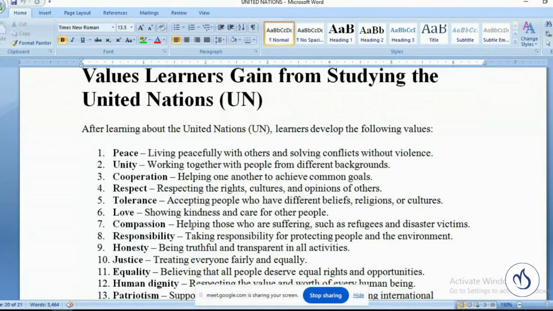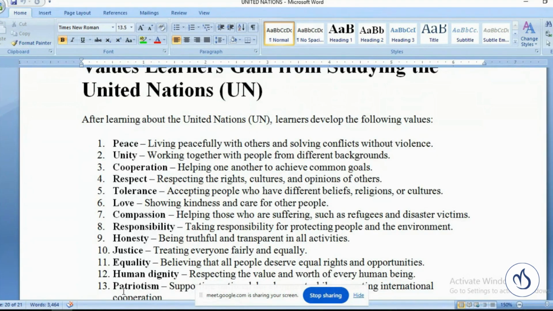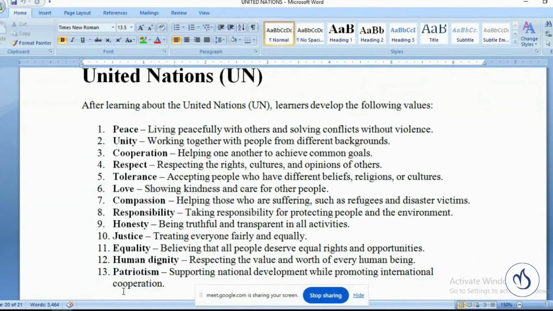We learn responsibility, honesty, justice, equality, human dignity, and patriotism. Patriotism, one must love his country. Are you getting me? So those are the values we get when we learn about the United Nations.